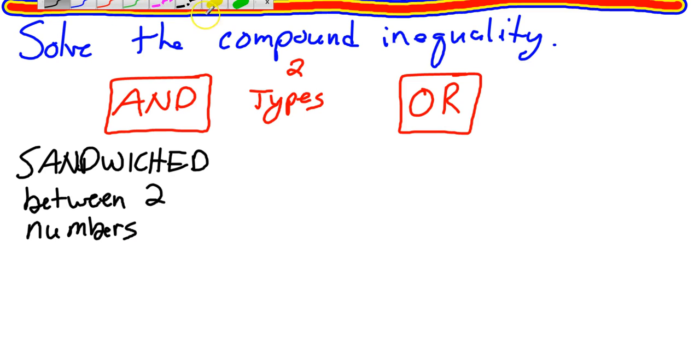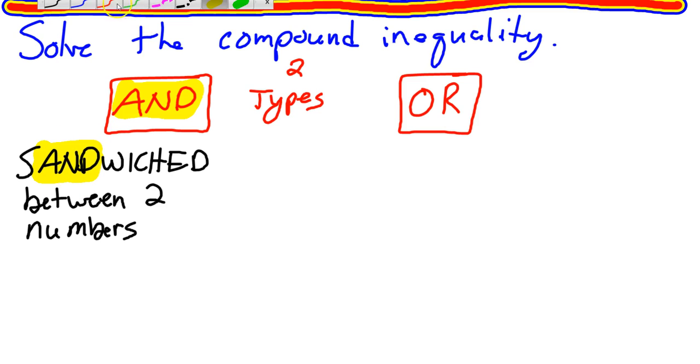But most of the time, here's why I like to say it this way. If you have an and statement, it's sandwiched between the two numbers because you've got the and in the sandwich, so they go together. Most of the time when you get finished, you're going to have more of an overlap, where it's sandwiched between 4 and 7, or between -1 and 10, or something like that. So generally speaking, your answer should be between two numbers.